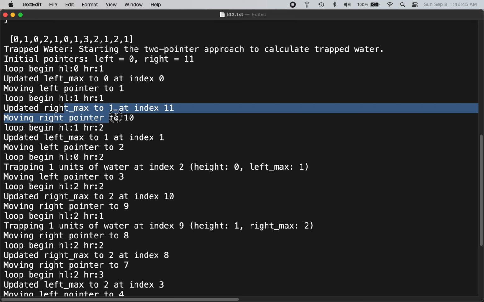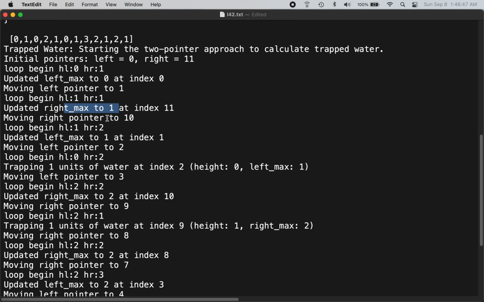You update the right max to 1, and now you loop. Height left is less than height right, which is 2 now, because you moved the index. So 1 is less than 2, you update the left max to 1 at index 1, and then move the left pointer to 2.